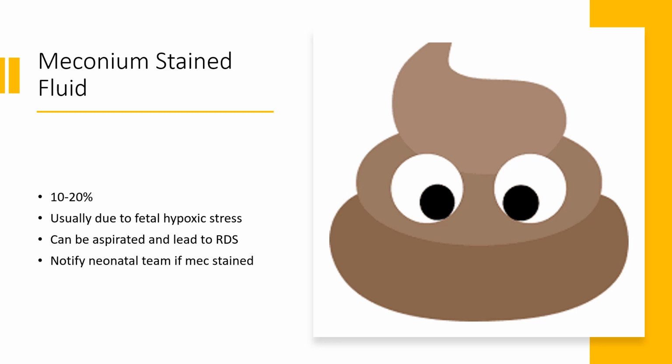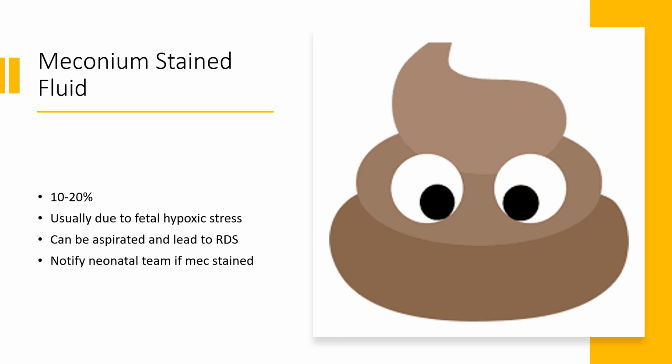Well, sometimes if the fetus experiences some sort of stressful situation or a hypoxic event, it can cause them to stool in utero. What we get worried about is that stool floats around in the amniotic fluid.